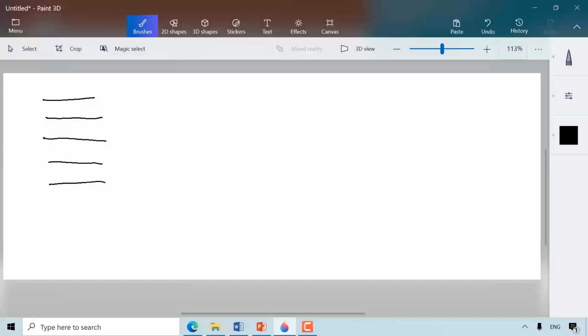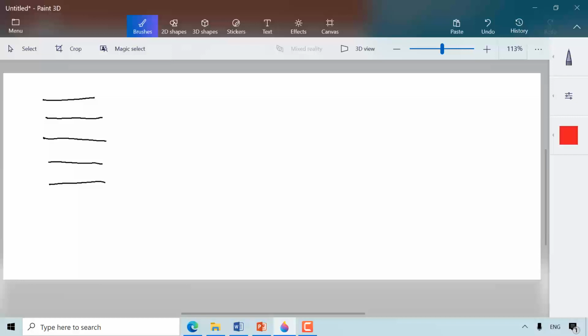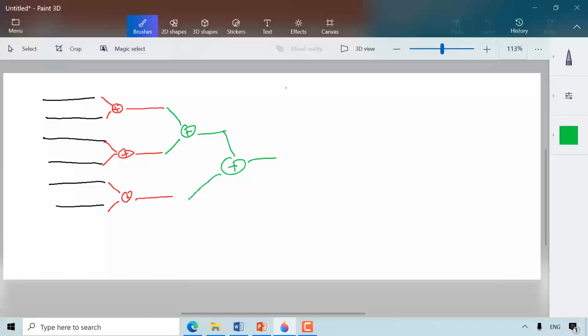What we did in the first method is add those with an adder and you get a number, add those with another adder and you get a number, then add these with another adder, and you get a number here. So this is what we have done so far.